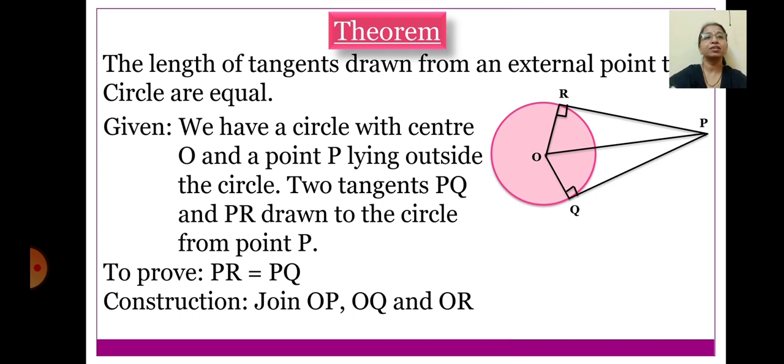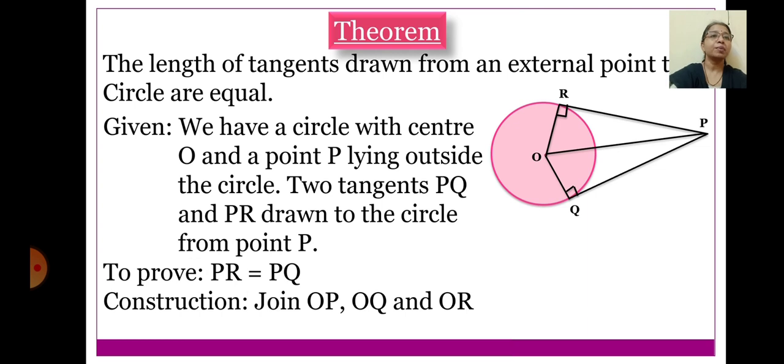Whatever is given, note down once again. We have a circle with center O and a point P lying outside the circle. Now two tangents PQ and PR are drawn to the circle from point P, right? And to prove that PR is equal to PQ.